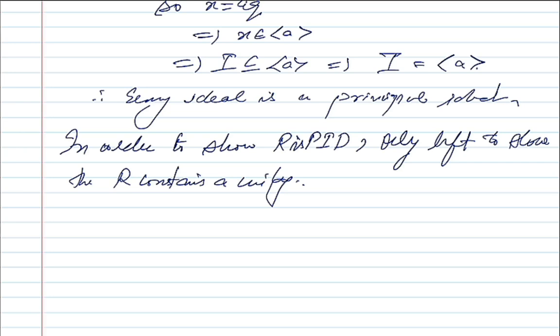Now again consider B belongs to R such that delta of B is least.